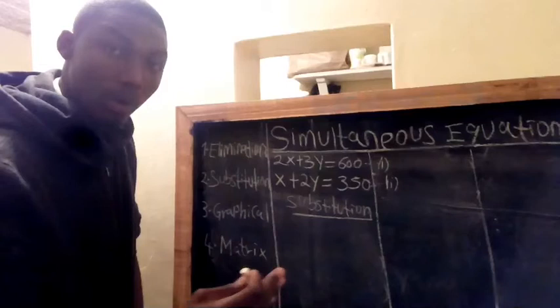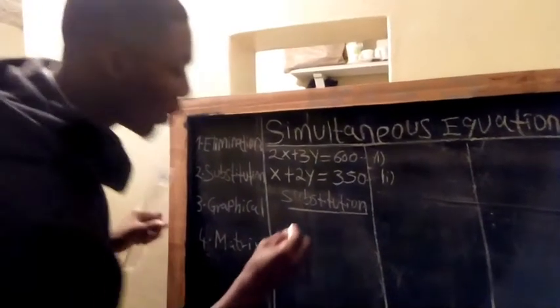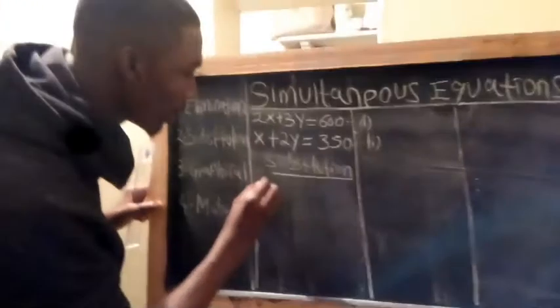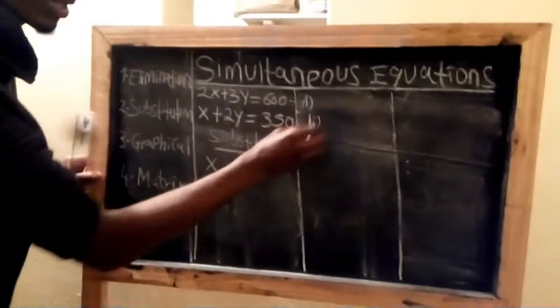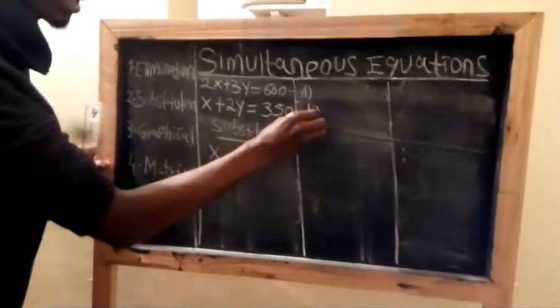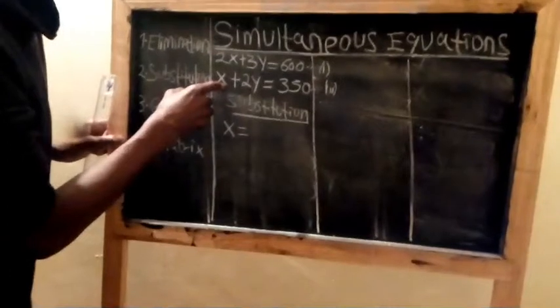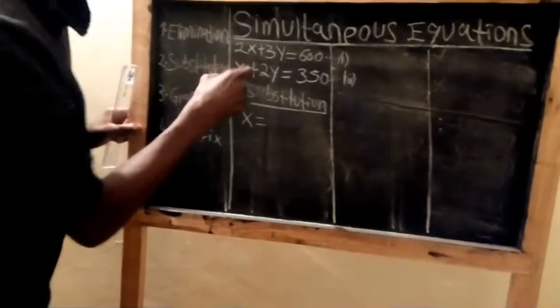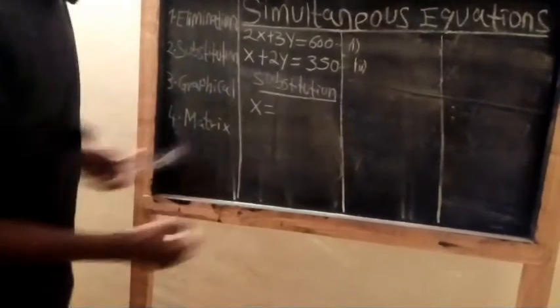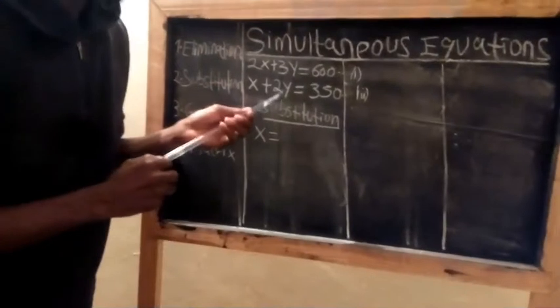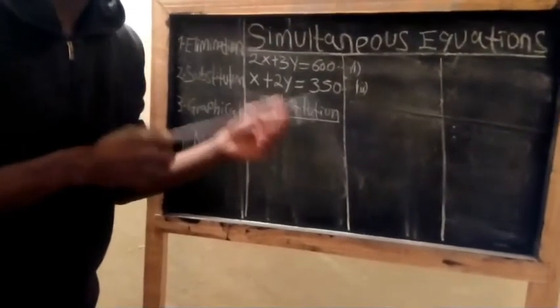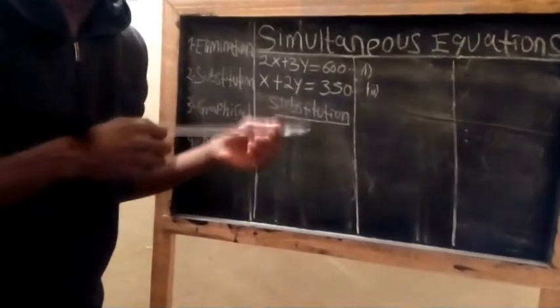Okay? Right. Now we say x in the second, this Roman 2, remember, x equal to, we want to remain with x alone on this other side. So it means this one will cross equal sign. Because it is a positive 2y, when it crosses equal sign, it changes its sign to be a negative 2y.